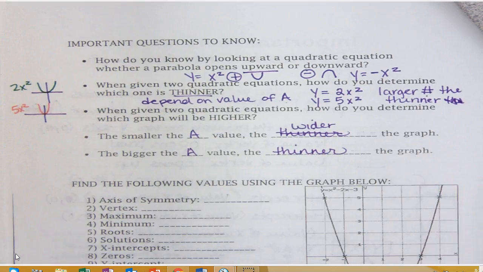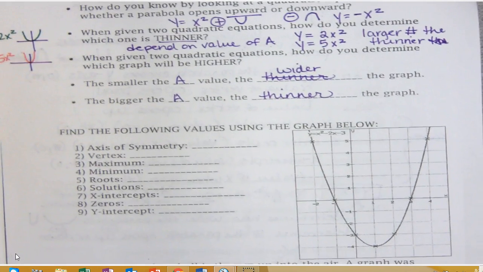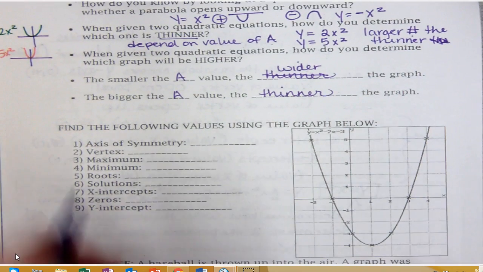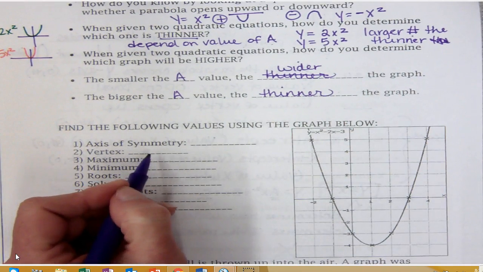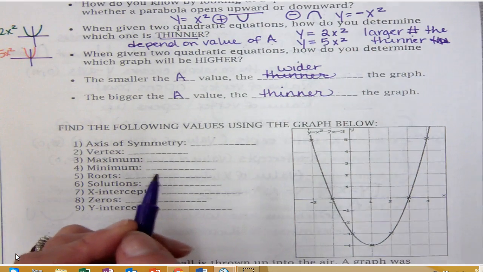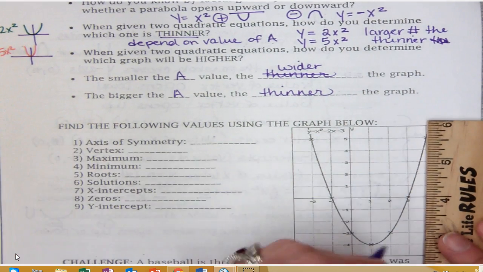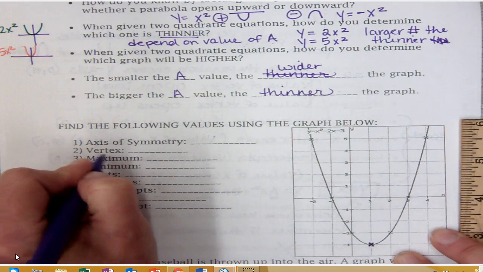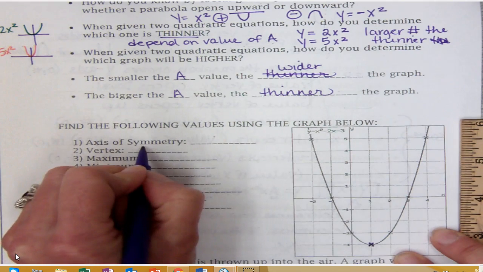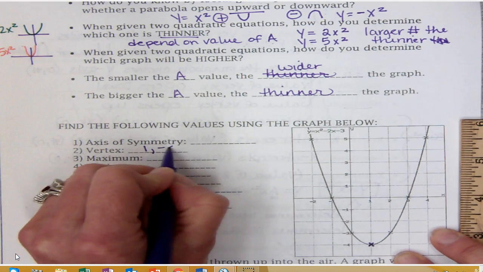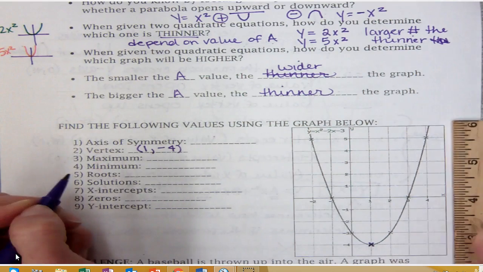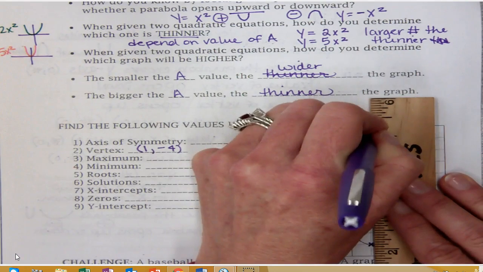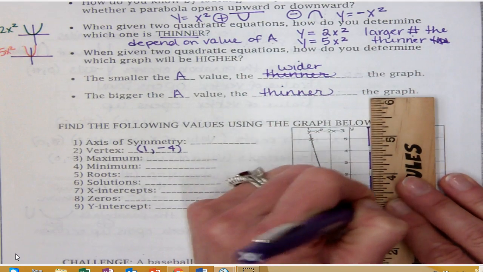Okay. All right. So if you look at this, if we have to find values, the axis of symmetry is going to be the line where the vertex meets here. So I'm going to just go ahead and write my vertex is 1, negative 4. My axis of symmetry is going to go directly through the vertex. So it's going to be right here.